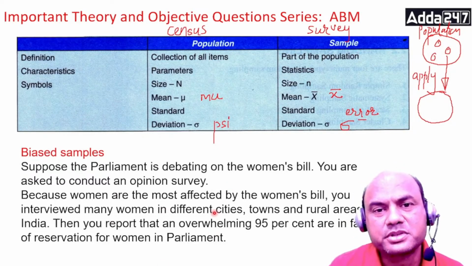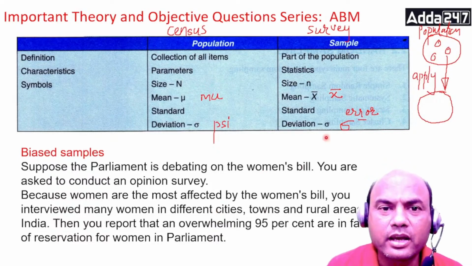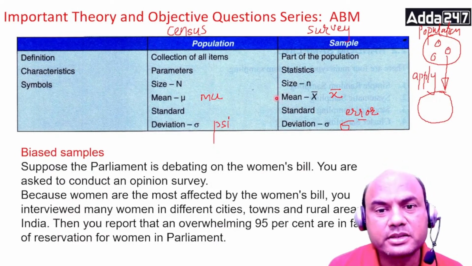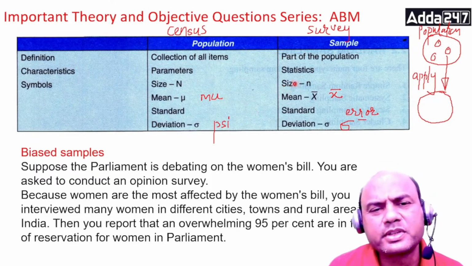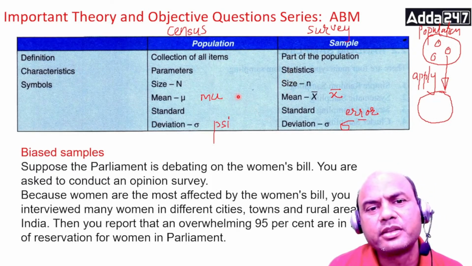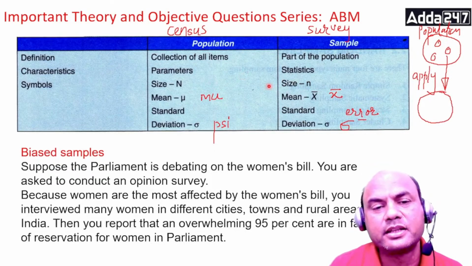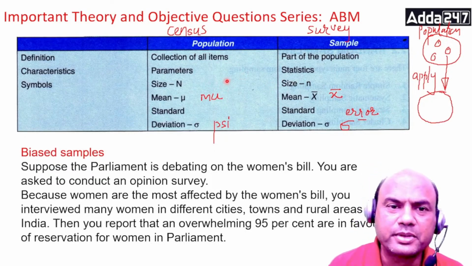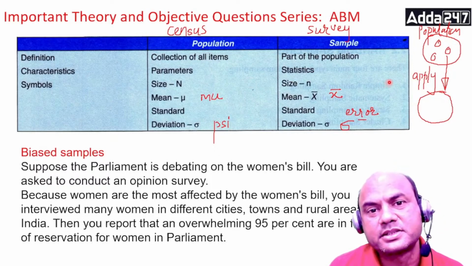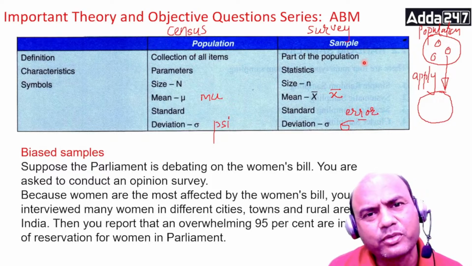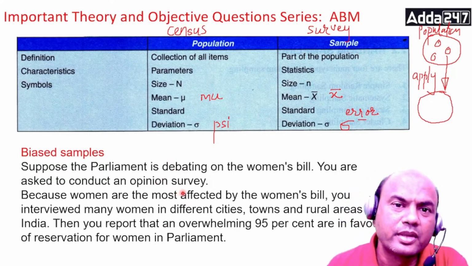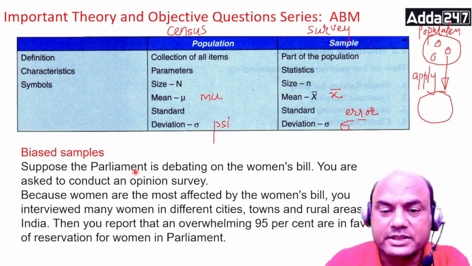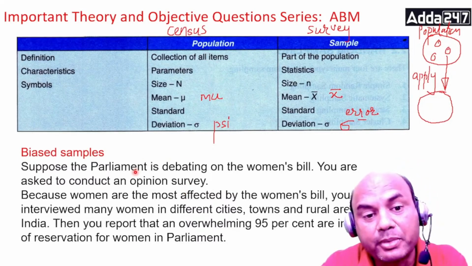In opinion polls, you go to an area which favors a certain party, then everyone you survey will say yes, that party X will win, because that region favors it. Similarly, if you go in the opposite direction, 95% will say no, this party will definitely fall. So this is a biased sample. The sample which we take should be balanced.